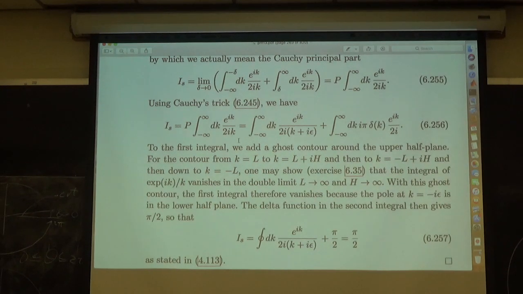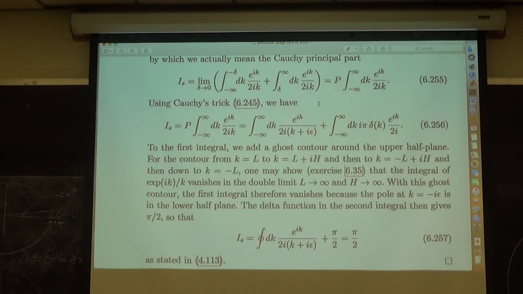And what we do is we add a ghost contour in the upper half plane, and the way we get away with that is, well, we just look at the perimeter. The fact is that in the upper half plane, when k has a positive imaginary part, this is exponentially damped.